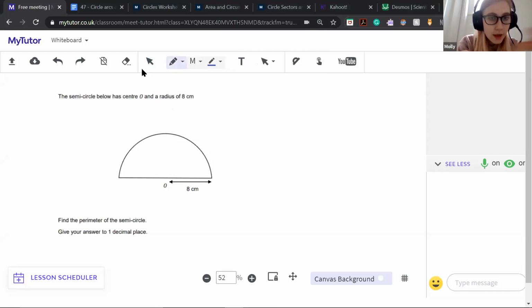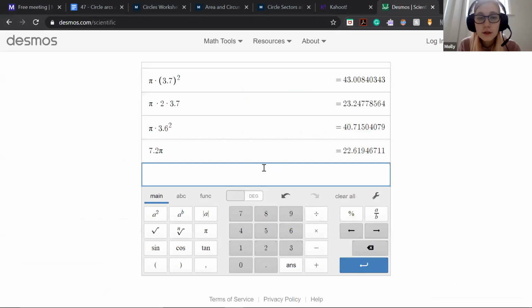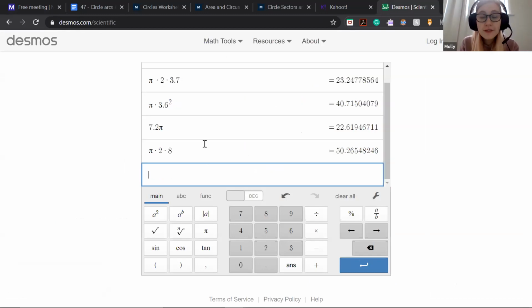So let's find the circumference of this. Remember that the circumference is pi d. And the radius is 8. So this is going to be pi times 2 times 8. And that is going to give us 50.265.